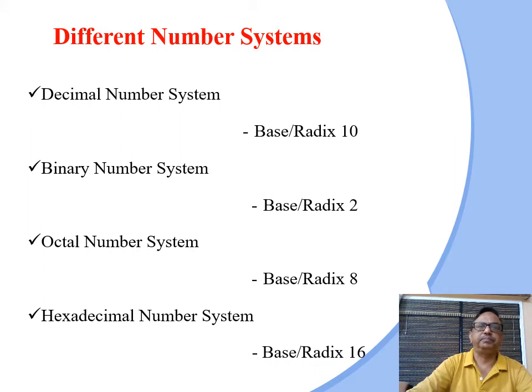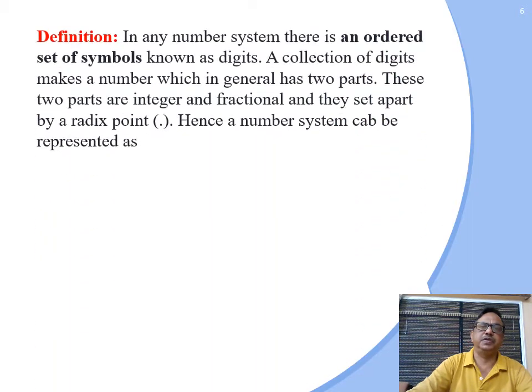So we will see what actually a number system is. If we want to define a number system, we can define it in this way: in any number system there is an ordered set of symbols known as digits. So we have a number here, 5678.123 in decimal number.